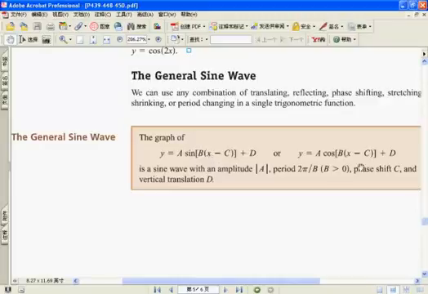And then we also get the phase shift c. So you must write your sine and cosine in such form to determine the phase shift. And then after you get the graph of this part, you do the vertical translation by d units, so the absolute value of d units.